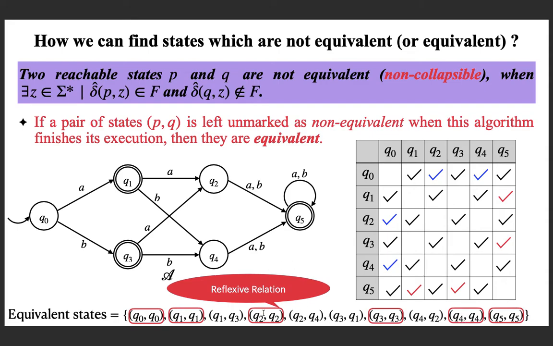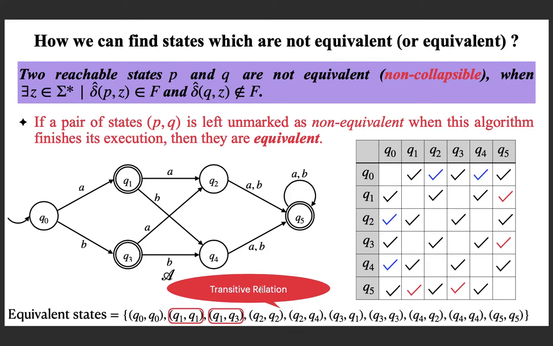So the reflexive pairs are there, all the pairs are there. It is also symmetric. Verify that Q1 Q3 is there, then Q3 Q1 is there. Q2 Q4 is the other pair for which we have Q4 Q2. So it is symmetric. We are verifying it for this particular instance.